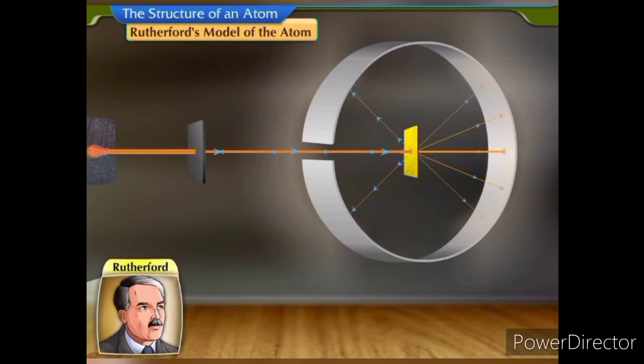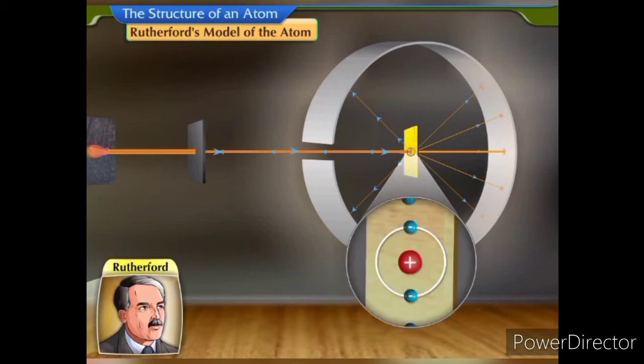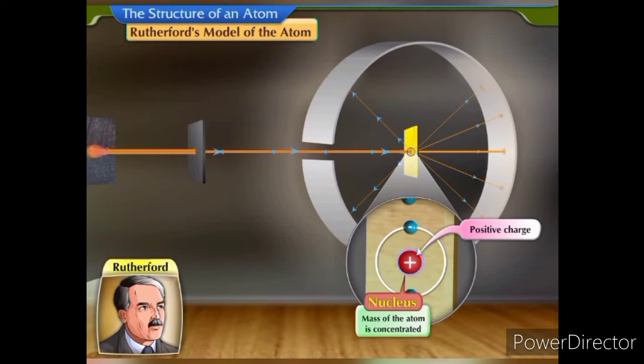Based on Rutherford's observations, he formulated his theory of atom. The main features of his theory are as follows. There is a positively charged center in the atom called the nucleus, in which nearly all the mass of the atom is concentrated.